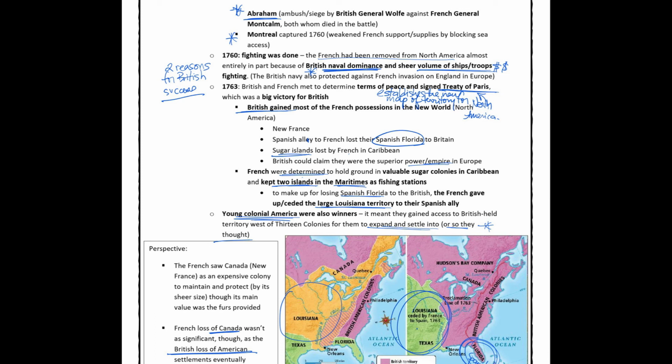Okay. These are the lists of British gains: they took New France. They took, this shouldn't say ally, take the E out of there. The Spanish ally to the French lost their Spanish Florida.